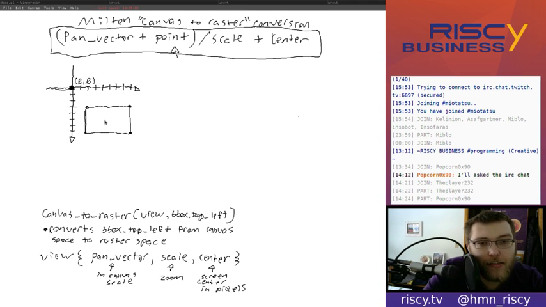So if the screen center is in pixels, that's talking about raster space, not canvas space, because the units of the canvas are not necessarily pixels on the screen because of the zoom.